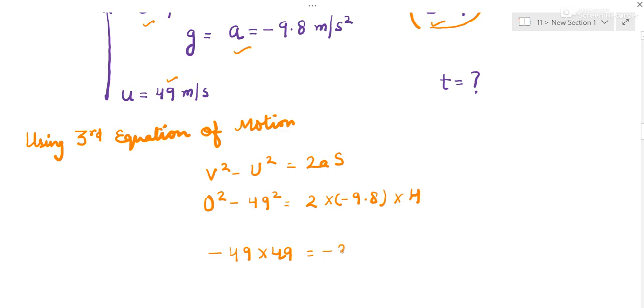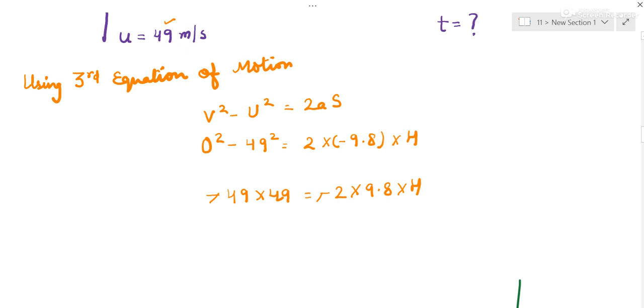The minus comes forward: 2 into 9.8 into height. So minus cancelled. Okay, so this 49 into 49 is equal to 2 into 98 by 10 into height.